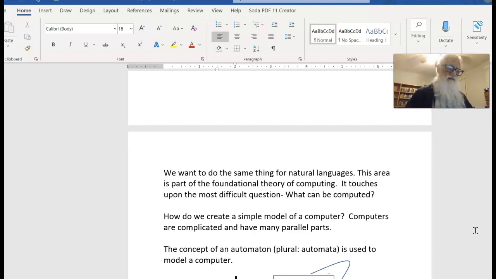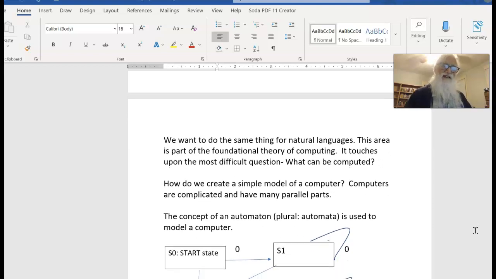The concept that I'm looking at is called an automaton. It's also called, in the plural, automata. And there are different kinds of automata. Finite state automata is what I will probably be getting to. Really, that's what it's all about for us. Although there may be some other types too.